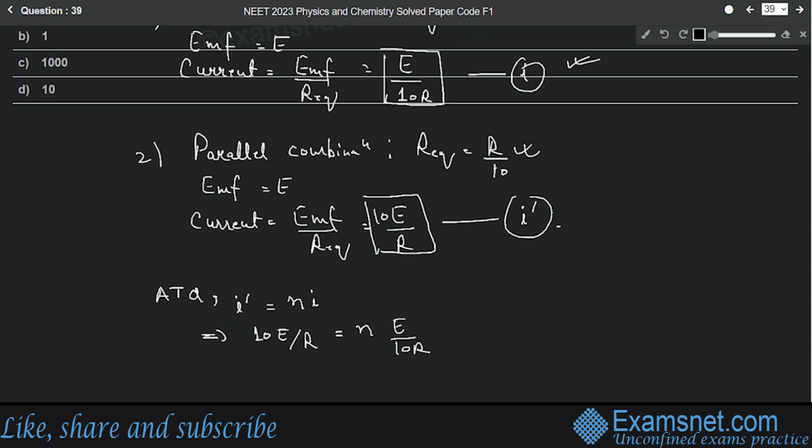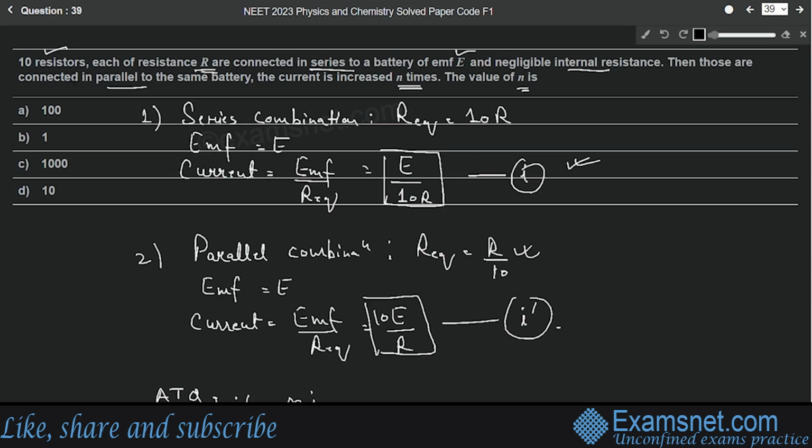So what will be the value of n? R is on both sides, so it will cancel. E is on both sides, so cancel. So n will be equal to 10 into 10, that is 100. So the value of n is 100. Now let's see the options. The first option will be the correct answer.